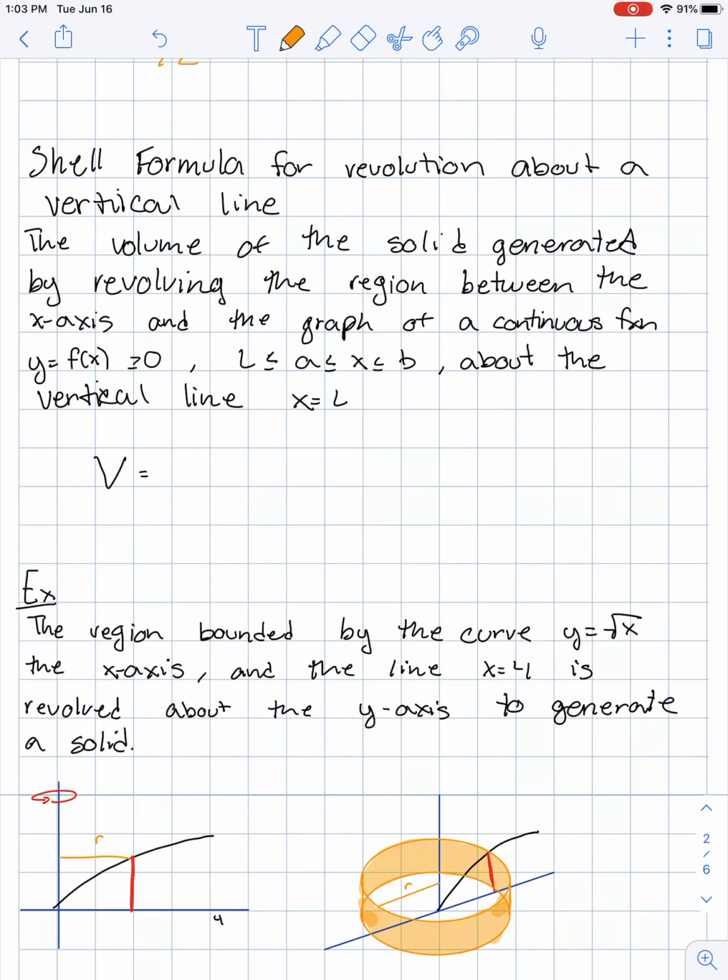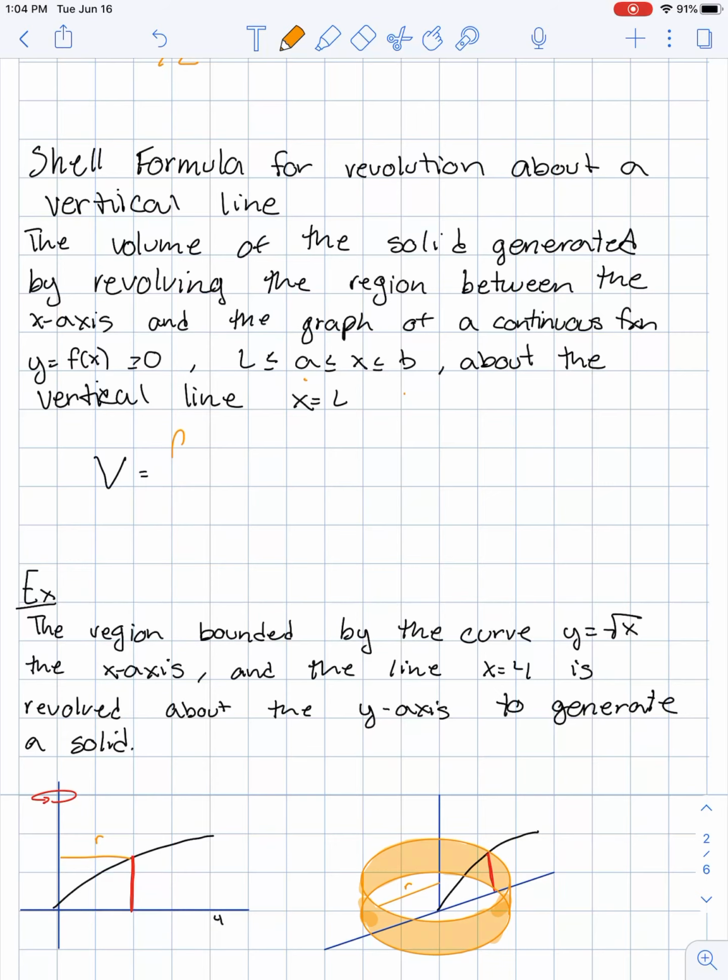So the volume of a solid generated by revolving the region between the x-axis and the graph of a continuous function, let's call it y equals f of x, and that's greater than 0. If L is some number that's below the range, so we had like -1, even though A was 0 and B was 3, so it can't really be in my limits of integration. I can't spin it around, that would be weird. So about the vertical line, x equals L.